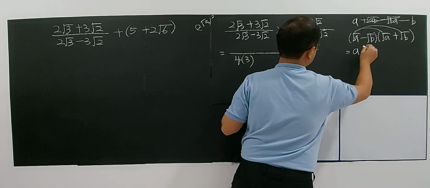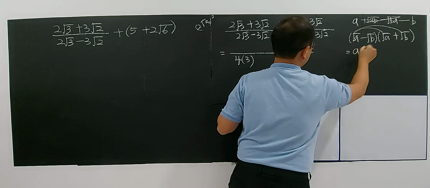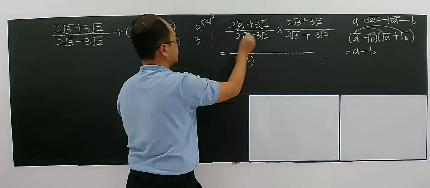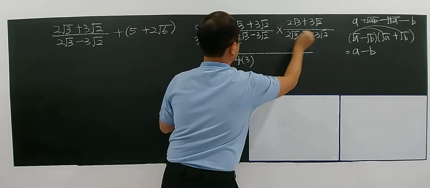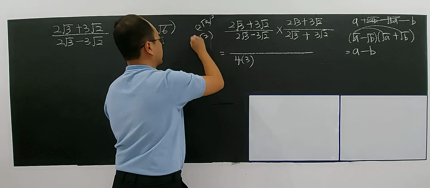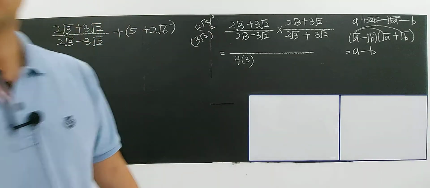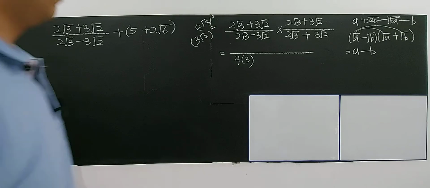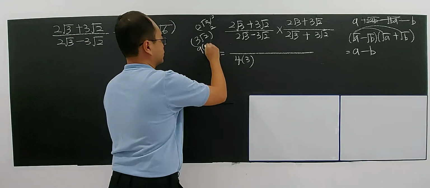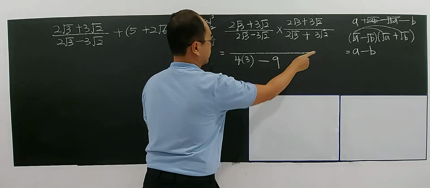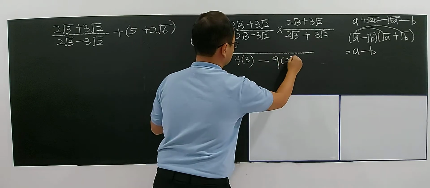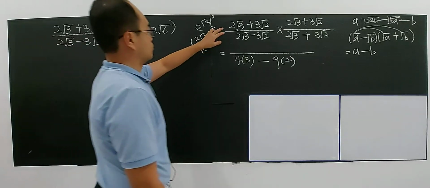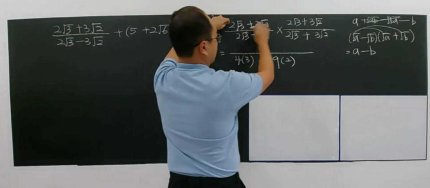So the first term becomes a and the second becomes b. The b here, 3 square root of 2, you have to square it: 3 squared is 9, times 2. So it is 12 minus 9 times 2.